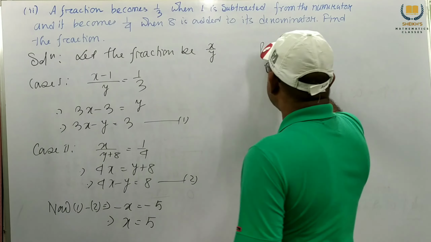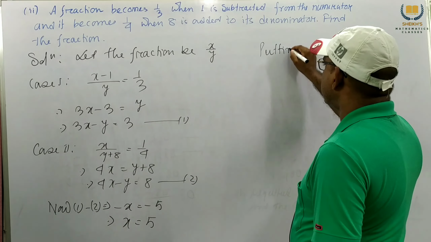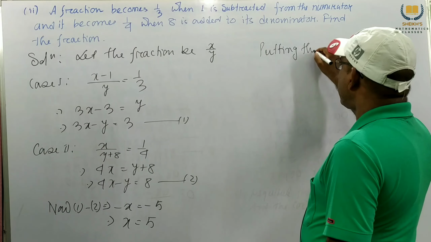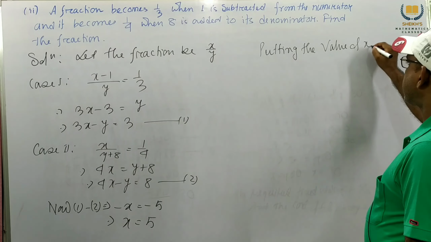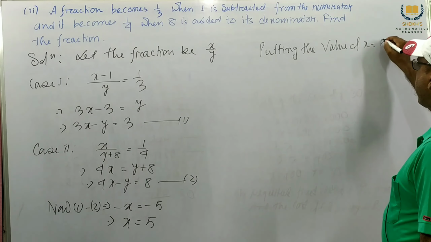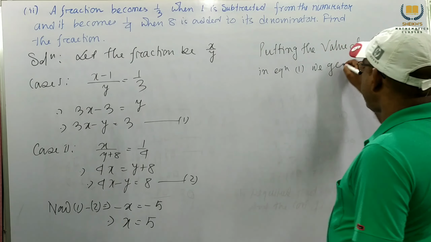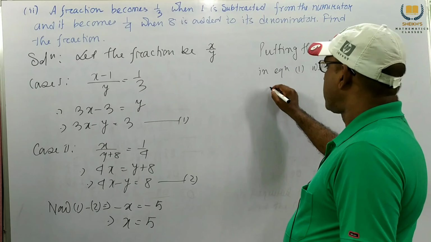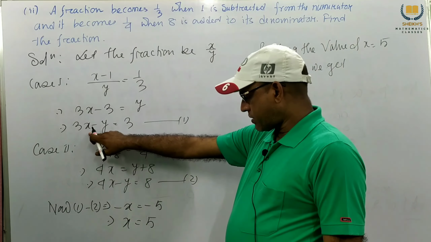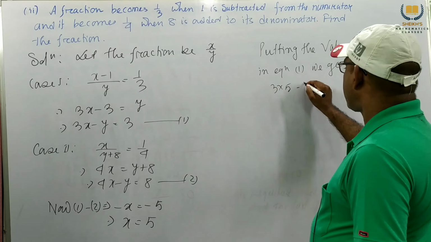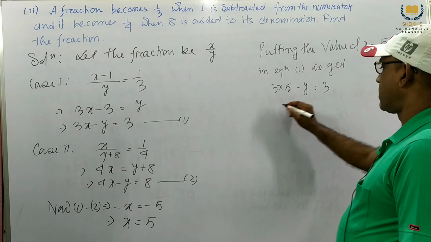Putting the value of x equal to 5 in equation 1, we get 3 into 5, 3x equal to 5, minus y equal to 3.